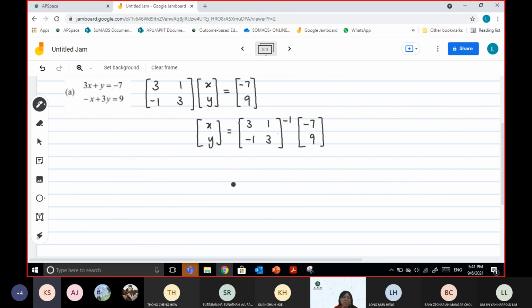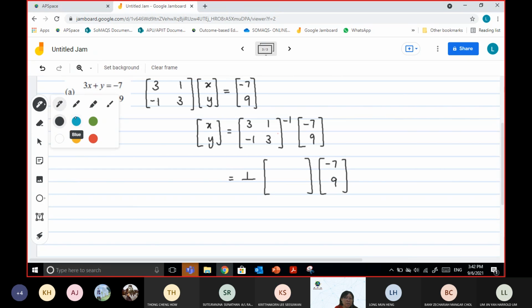To find the inverse of the matrix, first we need to find the determinant. So let's find the determinant of the matrix, using the straight line method.